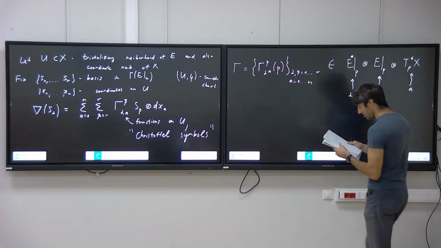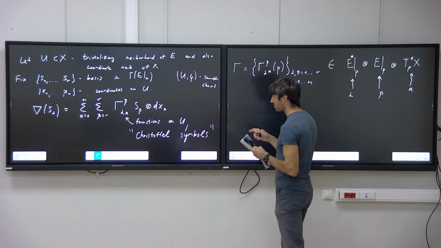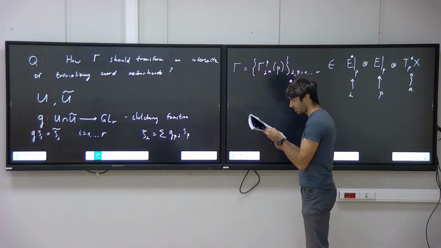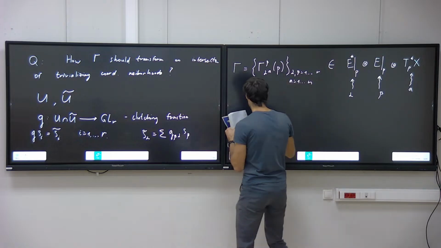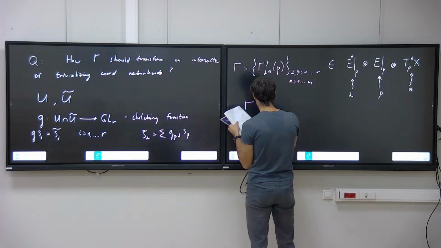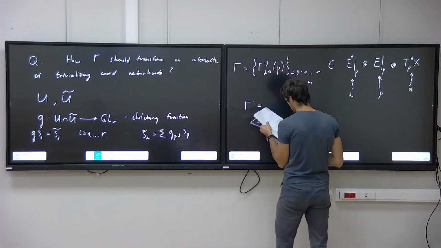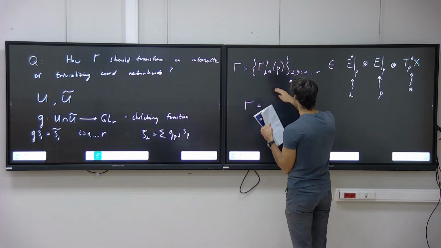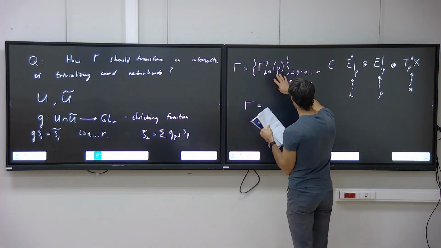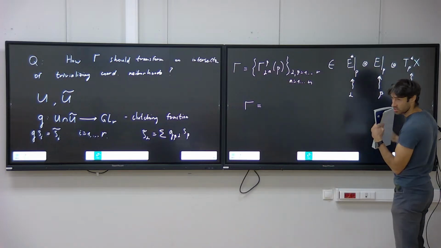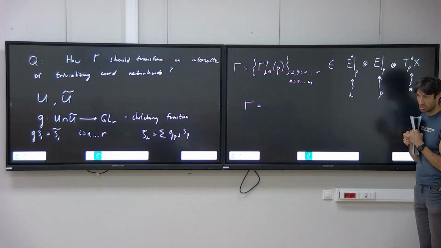Okay, so now the answer to this question, I will just write this answer, and again we'll see that this should be like that. So first, this is not a section of E star tensor E tensor T star X as we figured, right?